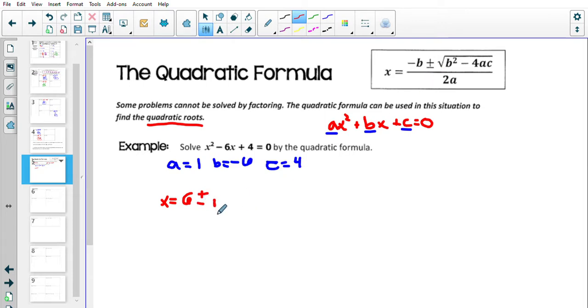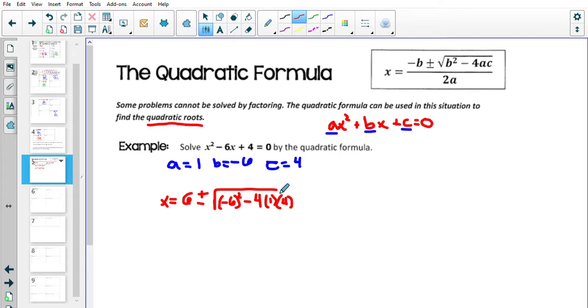Then I have my square root. I have my b squared, and I'm going to put this in parentheses, so I have negative 6 squared. Minus 4, that's always going to be there, times a times c. Times a is 1, times c is 4.